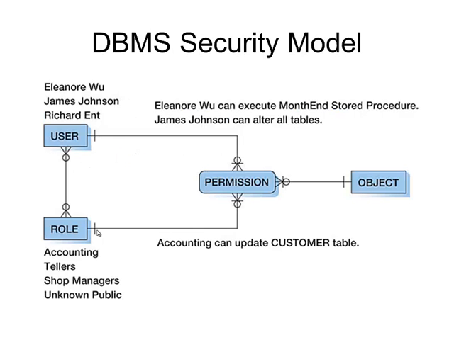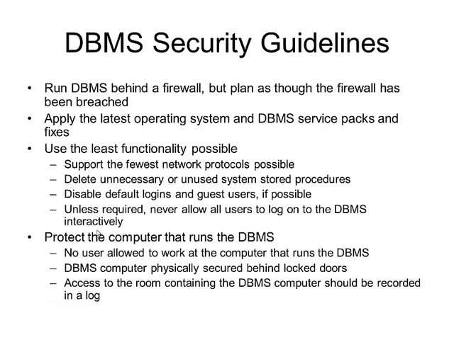This figure shows an example of the level of security that can be given to a certain person. For example here, James as a shop manager will be able to alter all tables, while Richard as an accountant can update the customer table only.